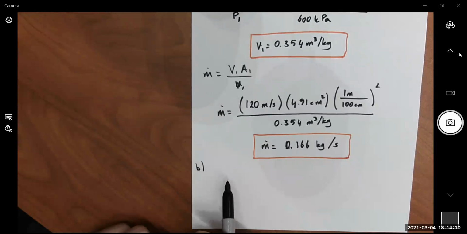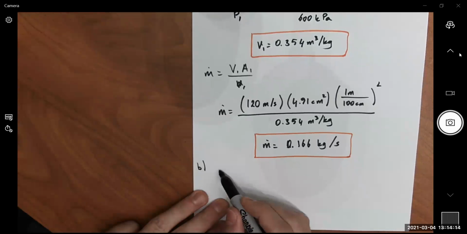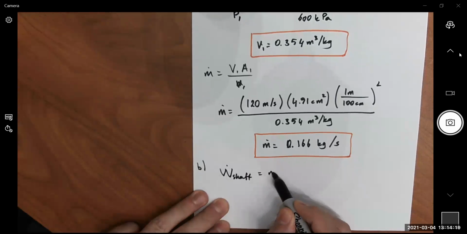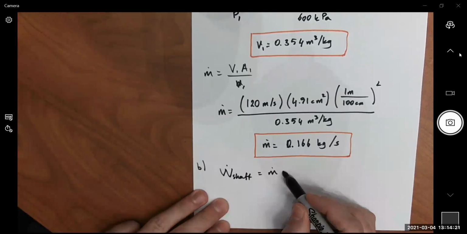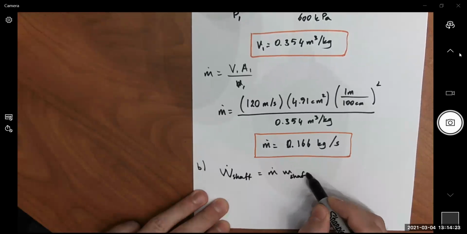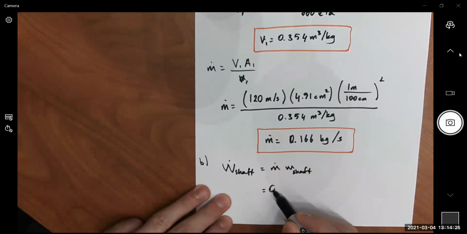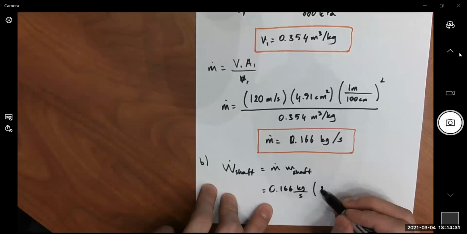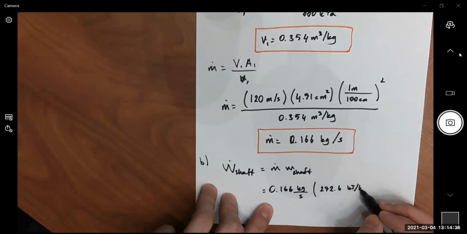Now I can find the total work produced in the turbine. Work shaft equals mass flow rate times specific work shaft, equals 0.166 kilograms per second times 272.6 kilojoules per kilogram.